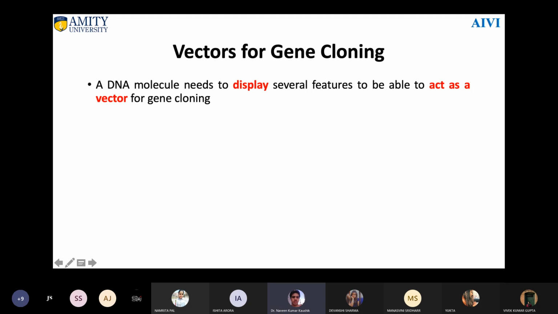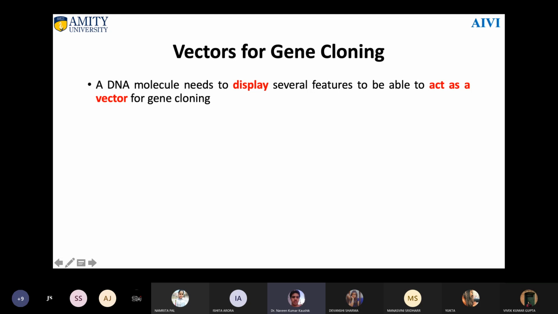To display the feature of a gene, the feature of a DNA, the displaying agent that we need should be a DNA only. This is the vector. A vector literally means a vehicle which we use for transport.